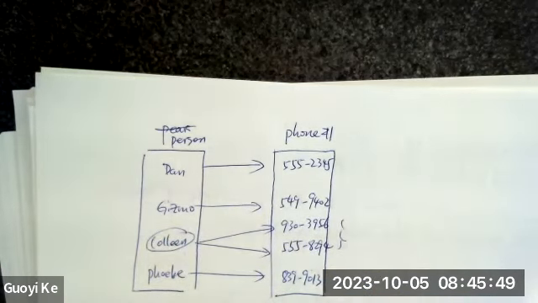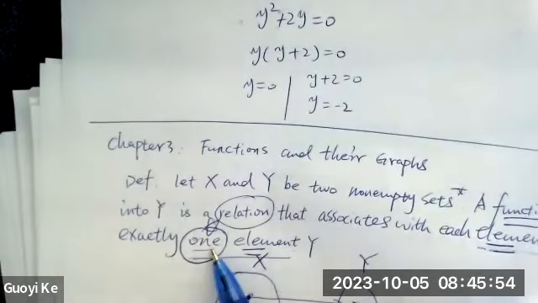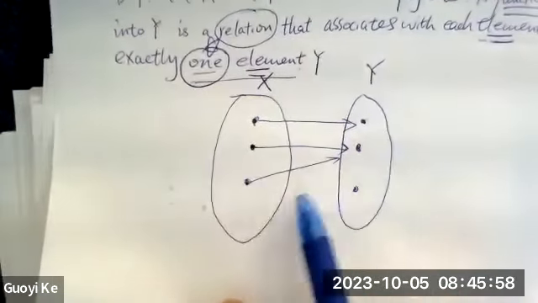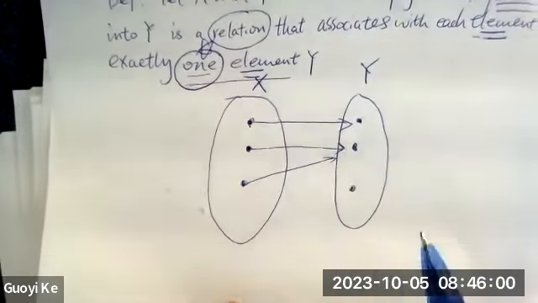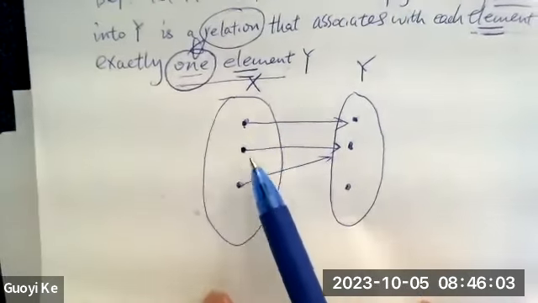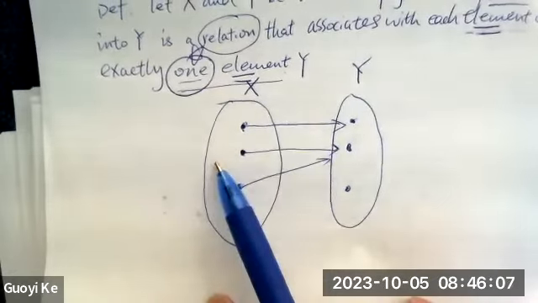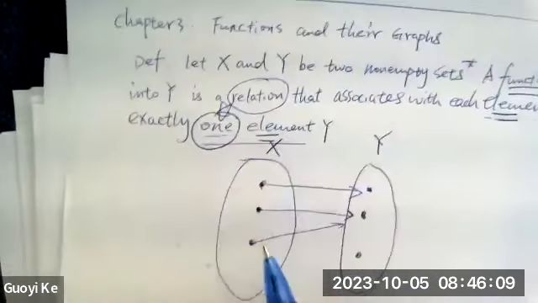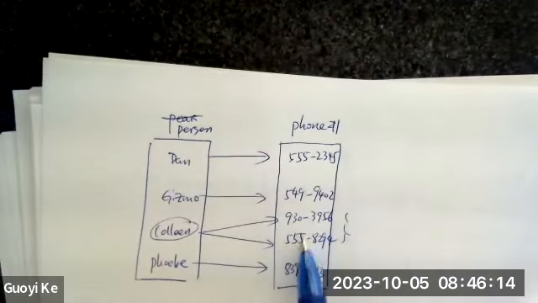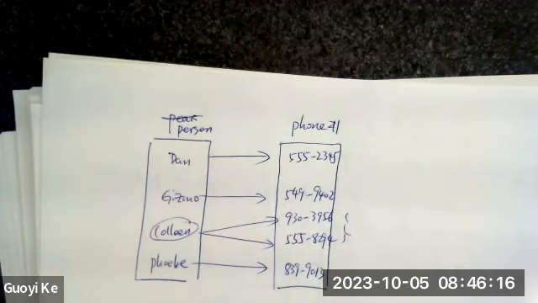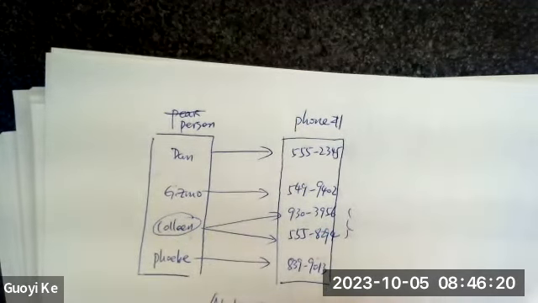Does that make sense? Because according to the definition it should be exactly 1. Okay, 1y can be multiple x, but here, according to the definition, 1x should be 1y, and here 1x, 2y. So that is not a function. Does that make sense?